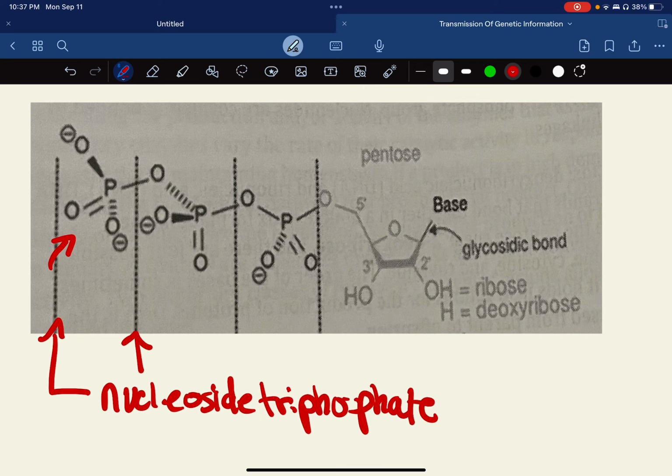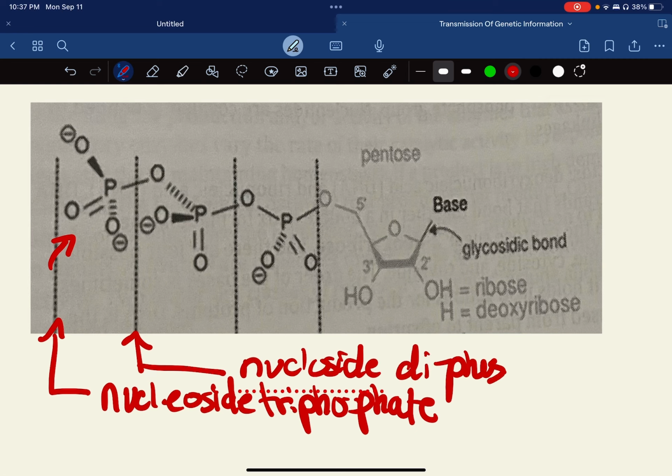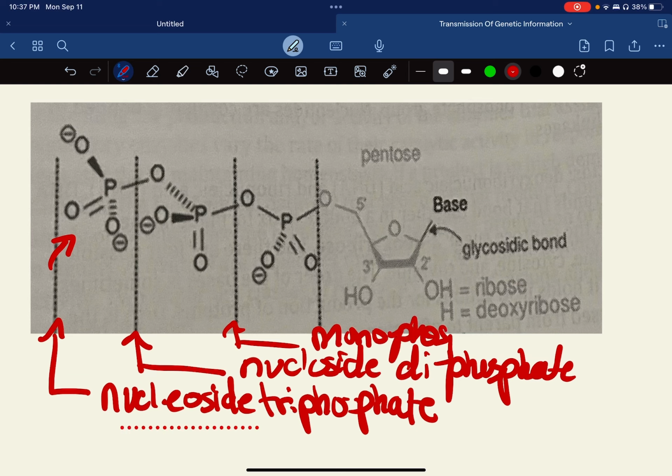Then we have here the incorporated nucleoside diphosphate. Here we have the monophosphate nucleoside.